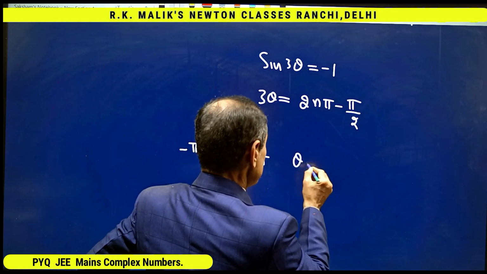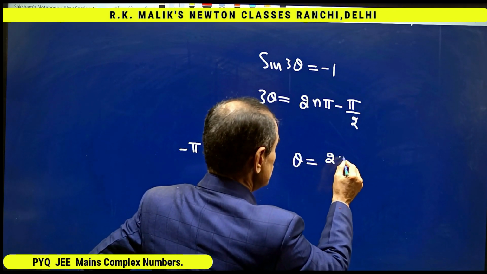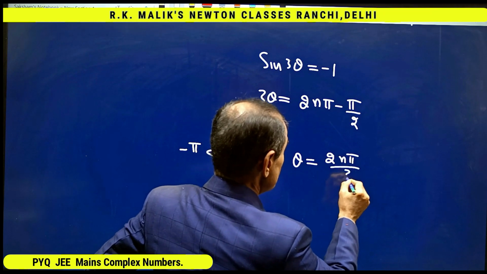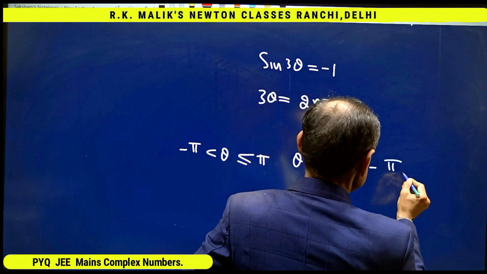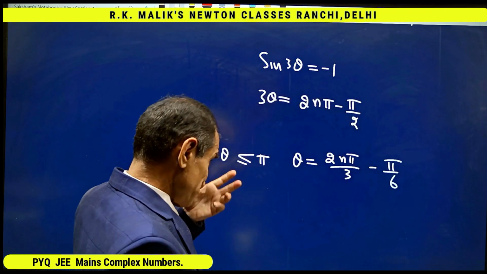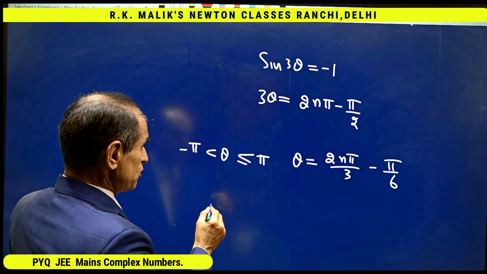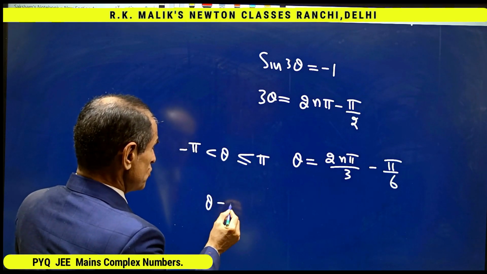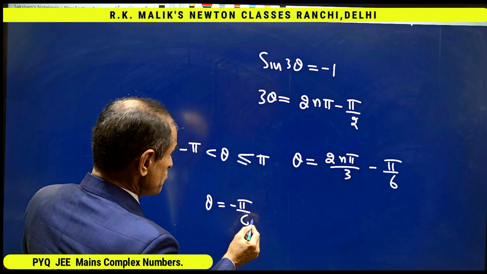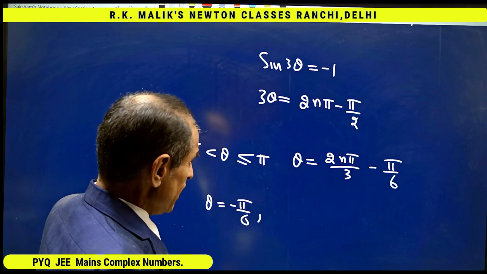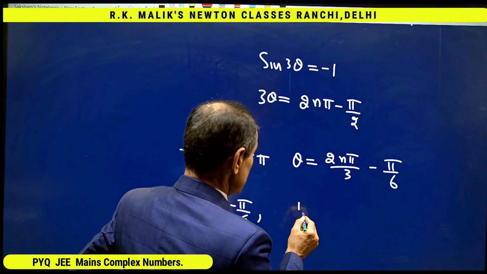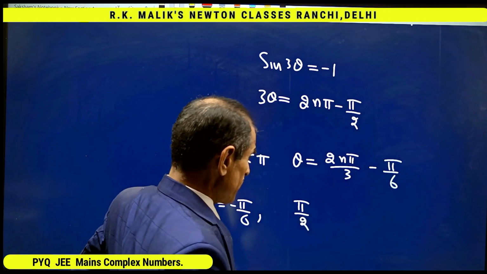That is, theta I have got is 2n pi by 3 minus pi by 6. If I take n equal to 0, I get theta equal to minus pi by 6. If I take n equal to 1, then I will get pi by 2.